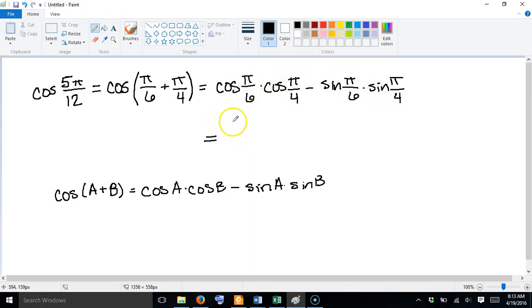So cosine of pi over 6 is the square root of 3 over 2. And cosine of pi over 4 is the square root of 2 over 2. The sine value for pi over 6 is 1/2. And the sine value of pi over 4 is the square root of 2 over 2.